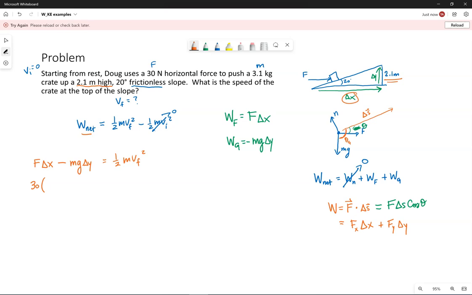In terms of dimensions, I know the angle is 20 degrees. So sine, cosine, tangent totally apply in this right triangle. I can say that the tangent of 20 degrees is the opposite side over the adjacent side. The adjacent side is what I want.